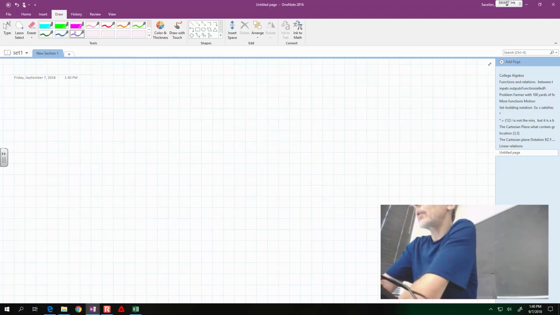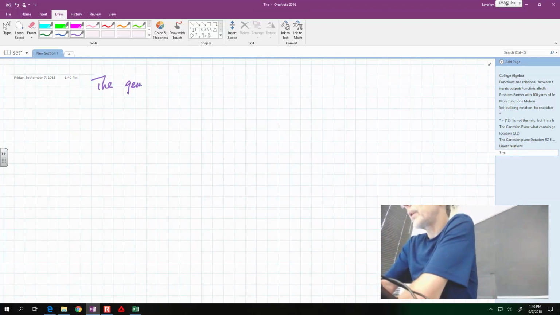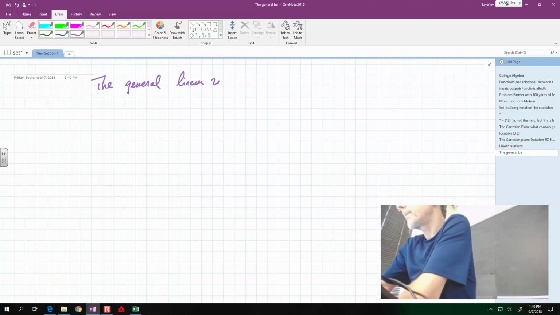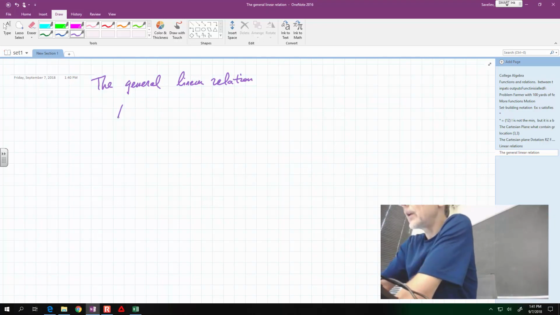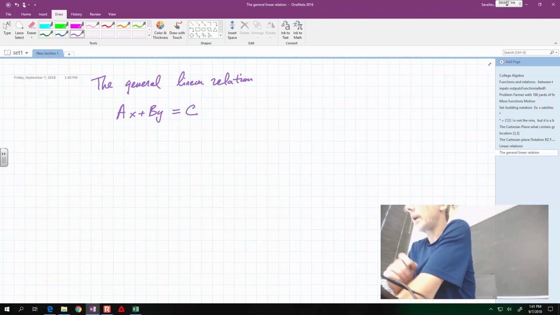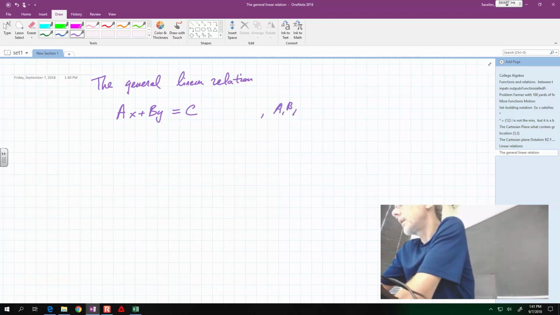So this is the general formula, the general linear relation. You certainly can guess why it's called linear, because the graph is a line. Okay, so ax plus by is equal to c. That's the relation. So x and y are those two variables, and a, b, c are fixed parameters.